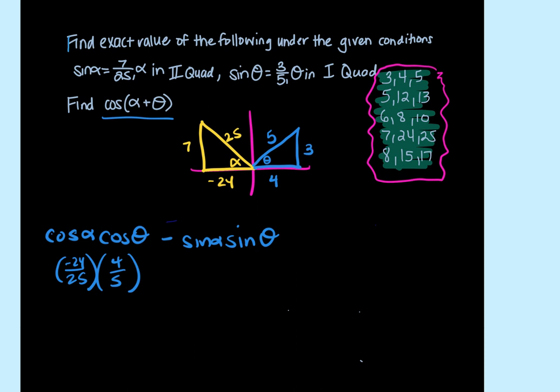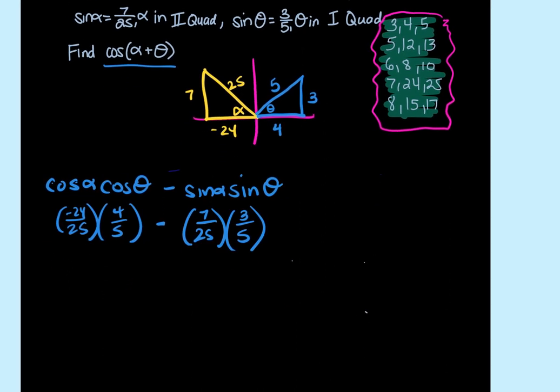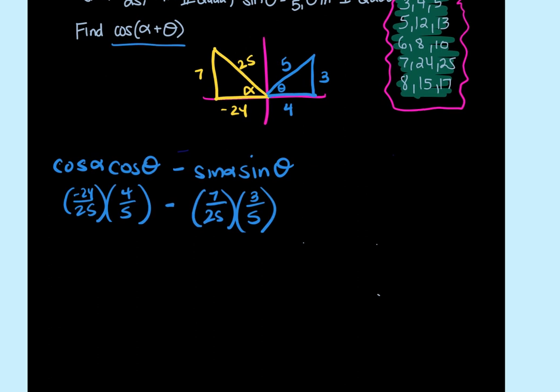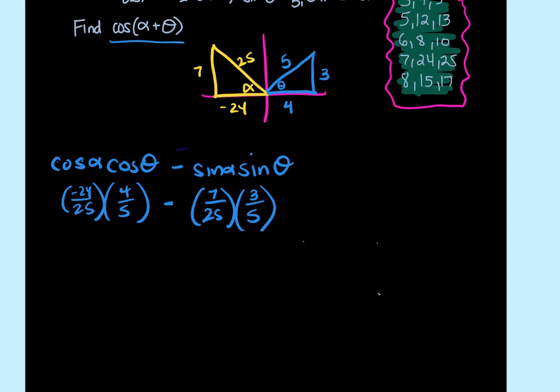And then cosine of theta is 4 over 5, minus sine of alpha is 7 over 25, and sine of theta is 3 over 5. If you do this correctly, there should be a like denominator. So 24 times 4 is 96, negative 96 over 5 times 25 is 125, minus 21 over 125. They're both negative, so I add them together and I get 117 over 125, and it's negative.